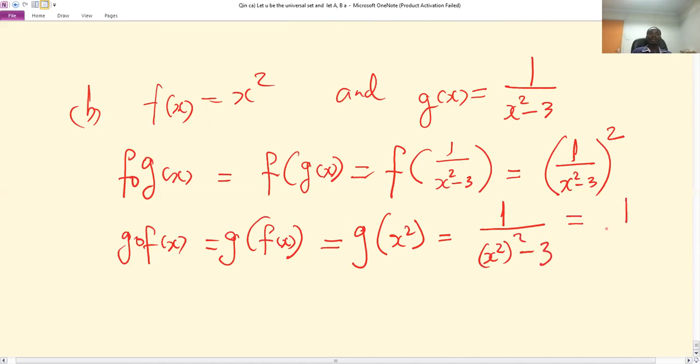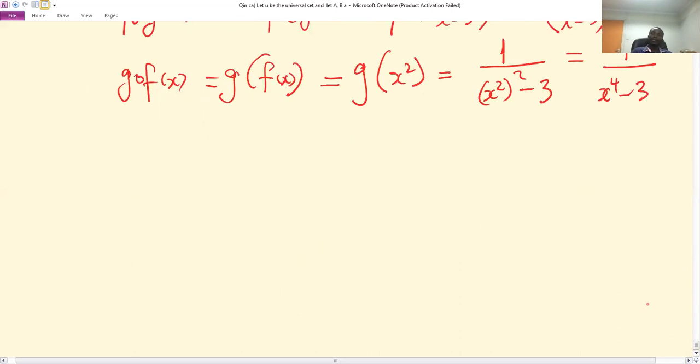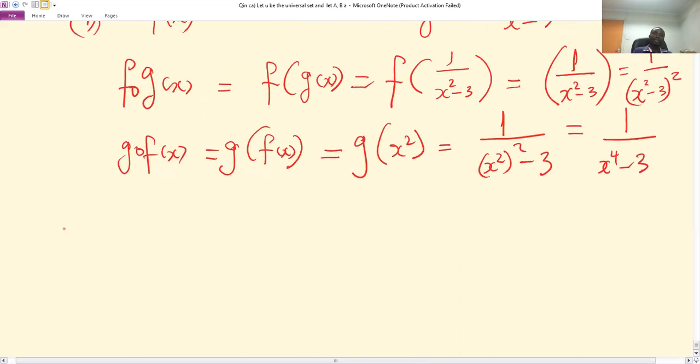So this is 1 over x power 4 minus 3. This was the same as 1 over x squared minus 3 squared. So by that equality, we have 1 over x squared minus 3 squared equals 1 over x power 4 minus 3.